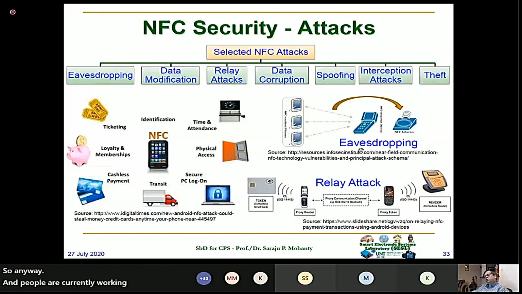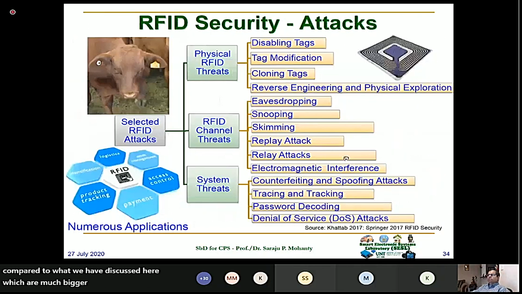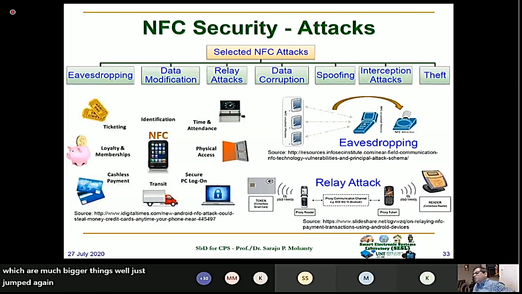Now I will discuss another thing: NFC. Why NFC? It's a very small denomination compared to the much bigger things we have discussed here. Why jump to NFC, then RFID and so on? Because these are part of different CPS mechanisms, for example logistics management and so on. NFC we are also using for payment and so on.